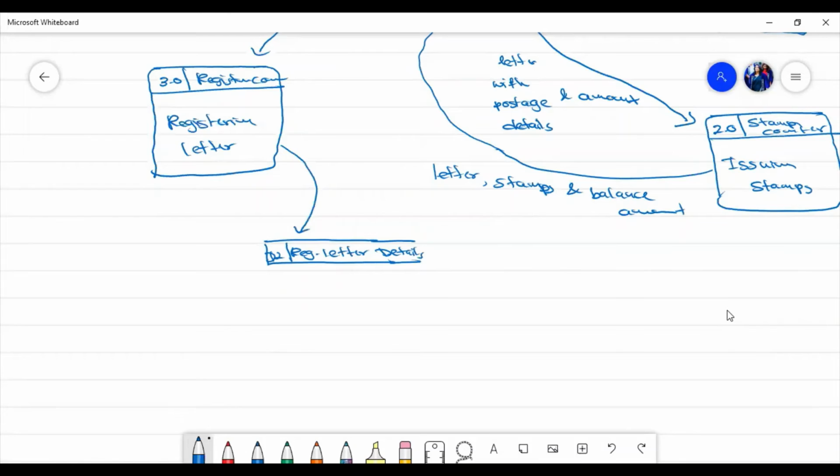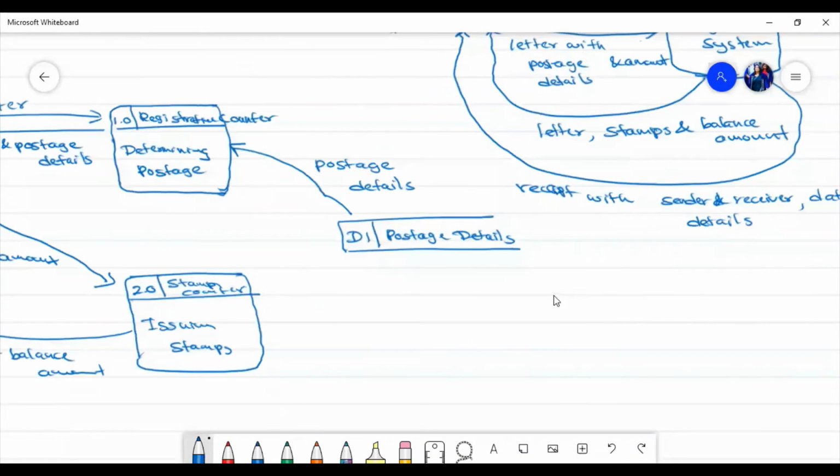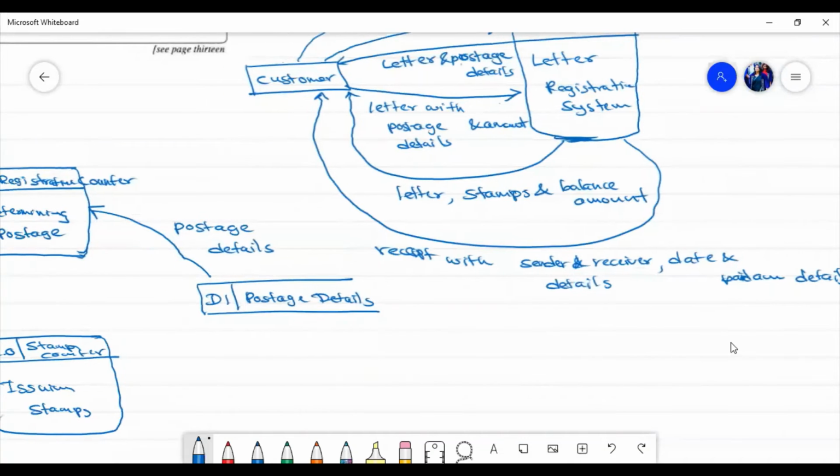What type of data do we have to write? We can write the unique ID and letter details to this particular file, this particular folder, right? And once we have done that, the system should give back what? Receipt with sender, receiver details, date and paid amount details, right?